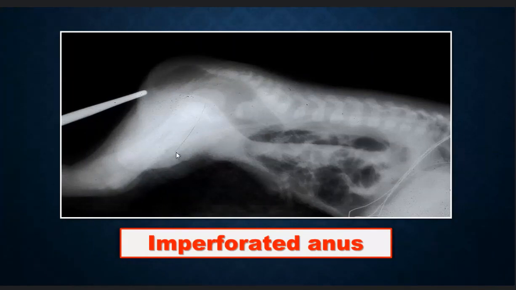Jaafar Jasim. Management of low type imperforate anus, making a new opening. What is it called? Anoplasty, doctor. Surgery, anoplasty. One-stage anoplasty.